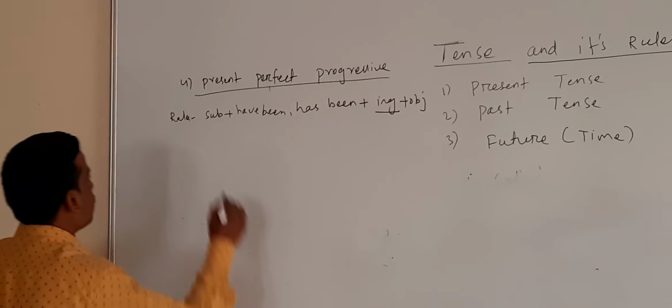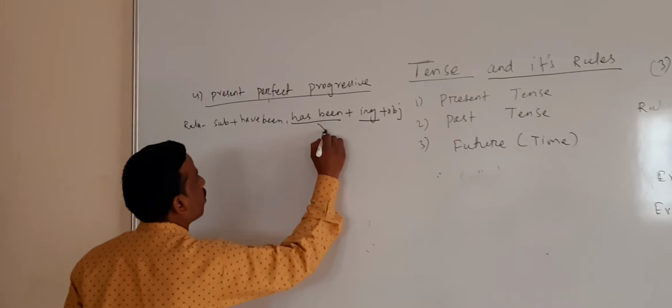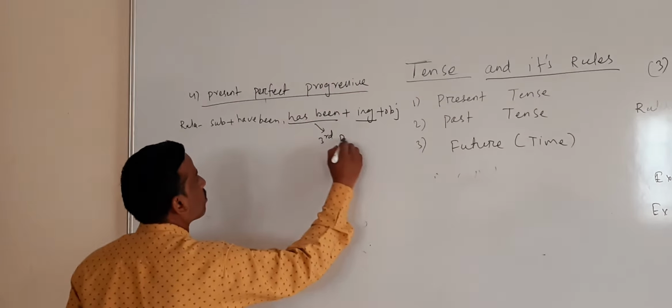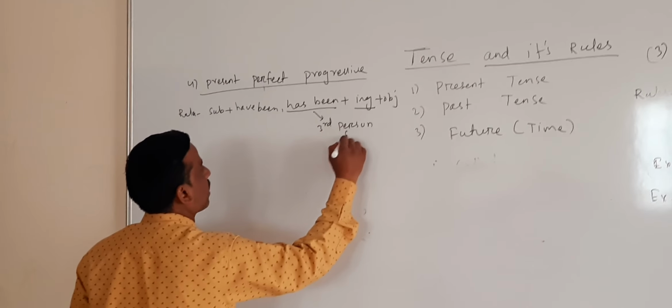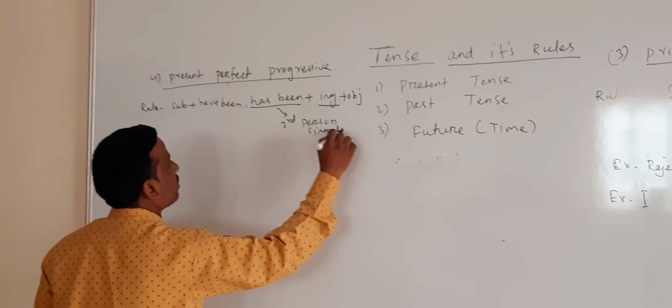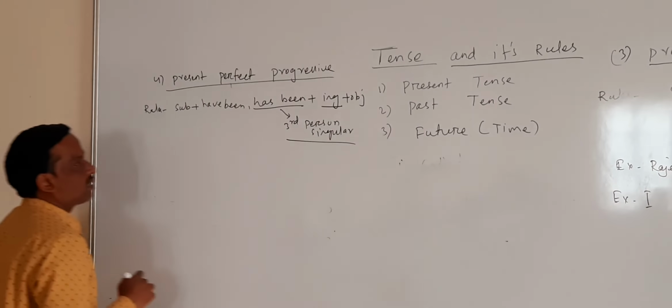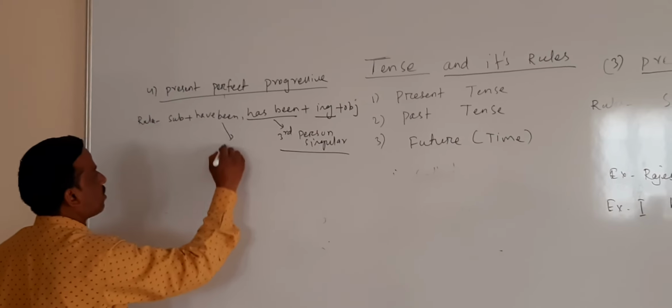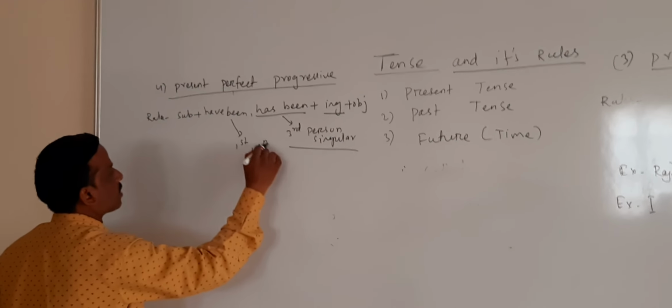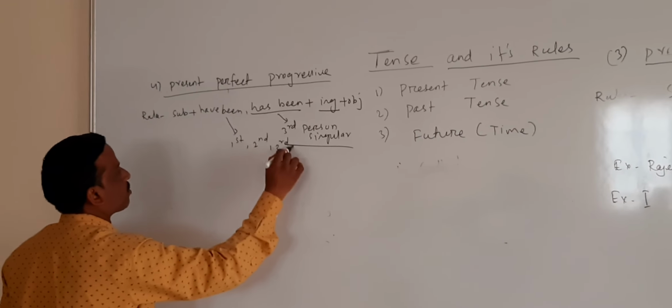Has been will be used where the subject is third person singular, and have been will be used with first person, second person and third person plural.